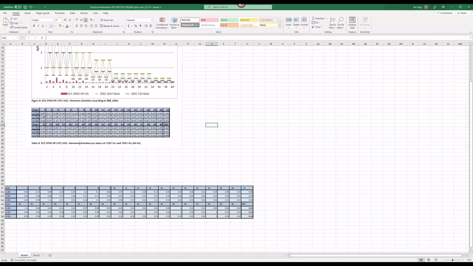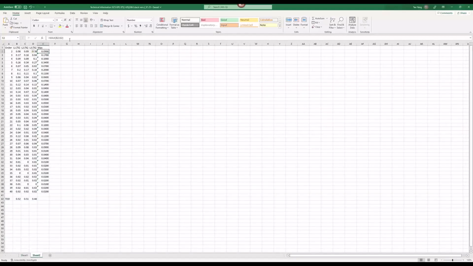So what you can do is either calculate the average or the maximum of the 3 phases. I like to be conservative, so I usually use the maximum number. So it's the max of all 3 phases, and then I use this as my new harmonic current injection spectra for my inverter.